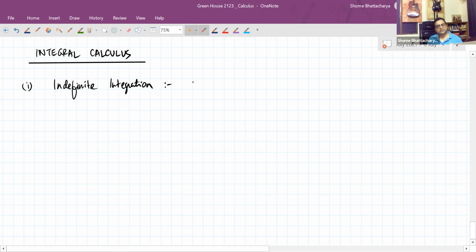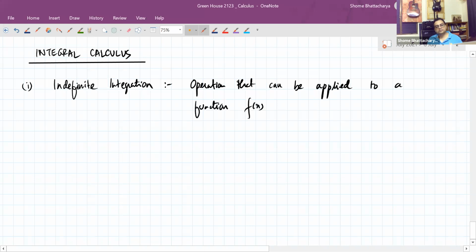So indefinite integration is a simple operation that can be applied to a function, let's say f(x), to calculate something called its antiderivative. Now I'll explain just now what is antiderivative.